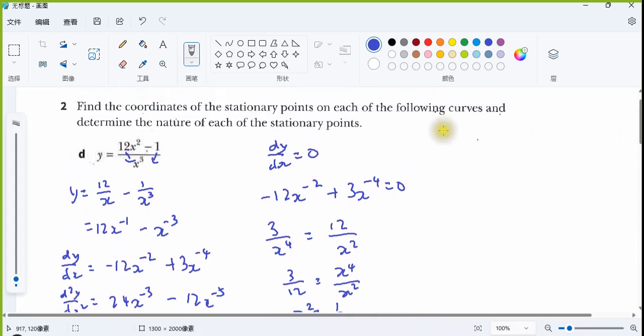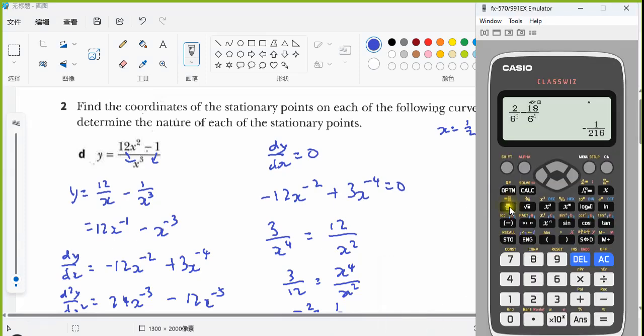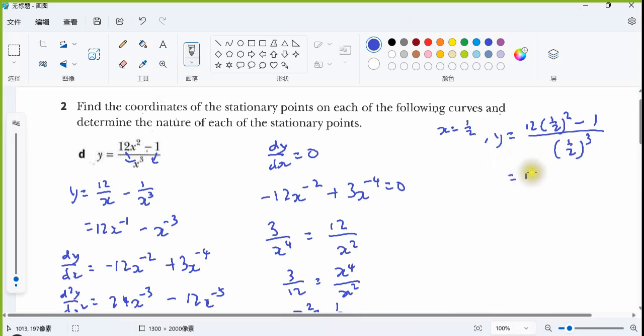So when x is 1/2, then y will be 12 times (1/2) squared minus 1 over (1/2) to the power 3. So we have 12x squared minus 1 over x to the power 3. Substitute with 1 over 2, then we have 16.